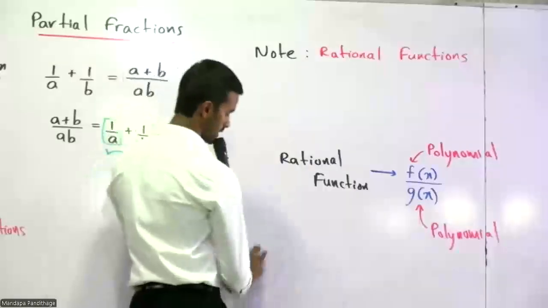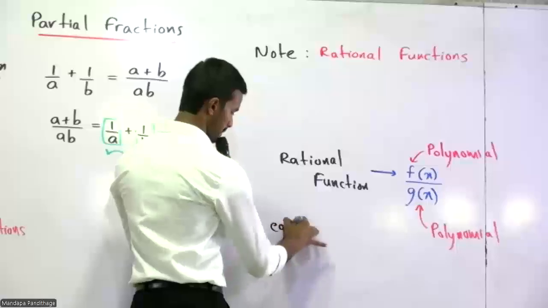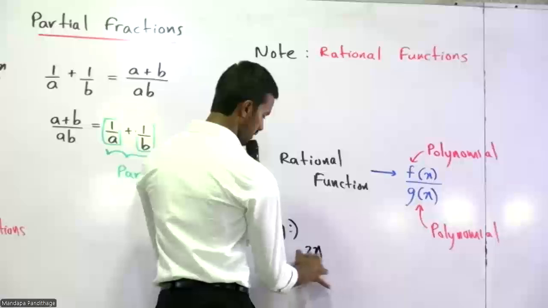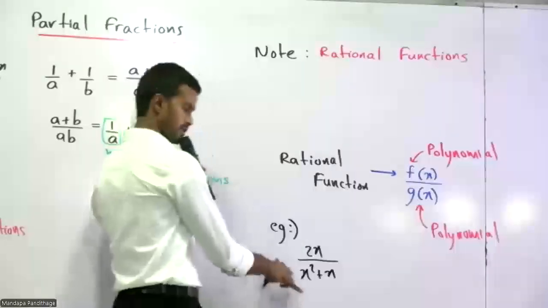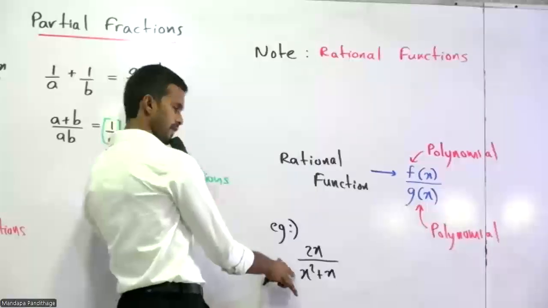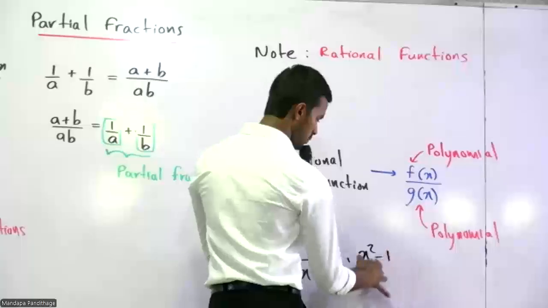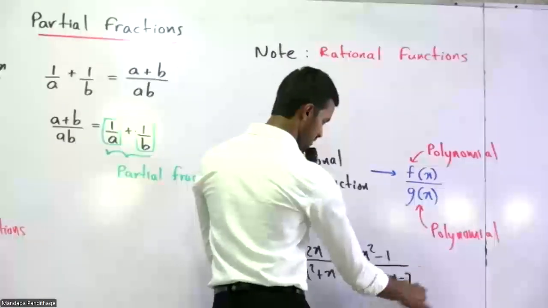Okay, let me take a few examples. 2x divided by x squared plus x is a rational function, because the numerator is a polynomial and the denominator is a polynomial. Then we have x squared minus 1 divided by x cubed plus 3x minus 7.